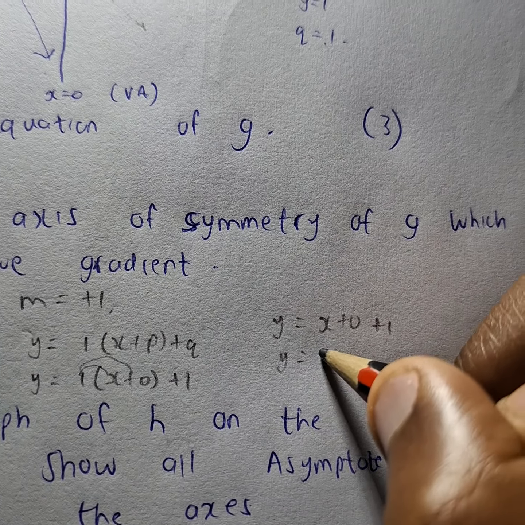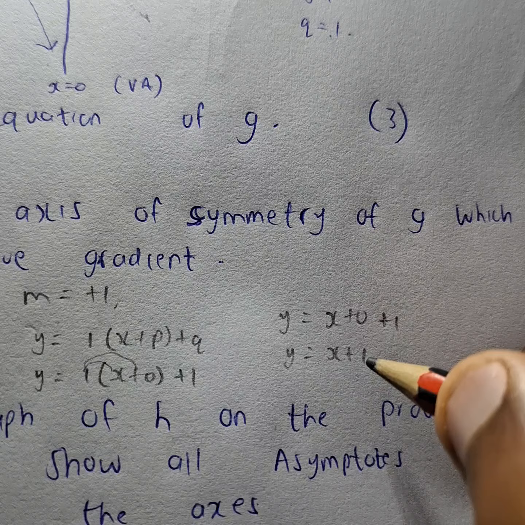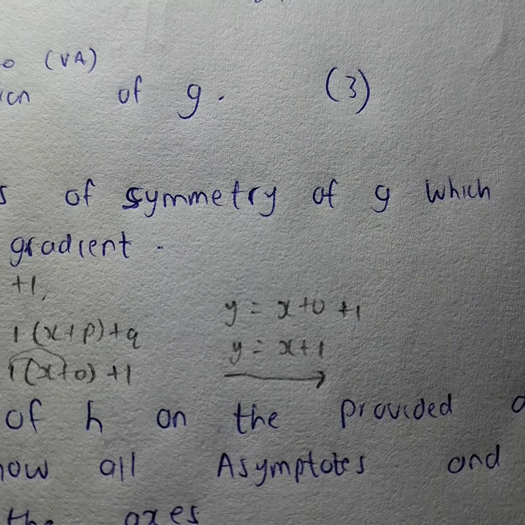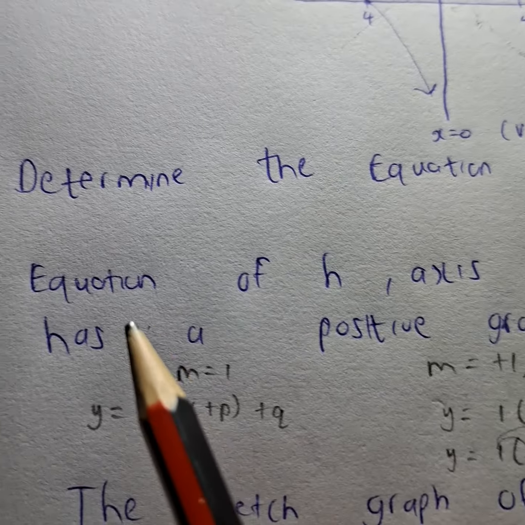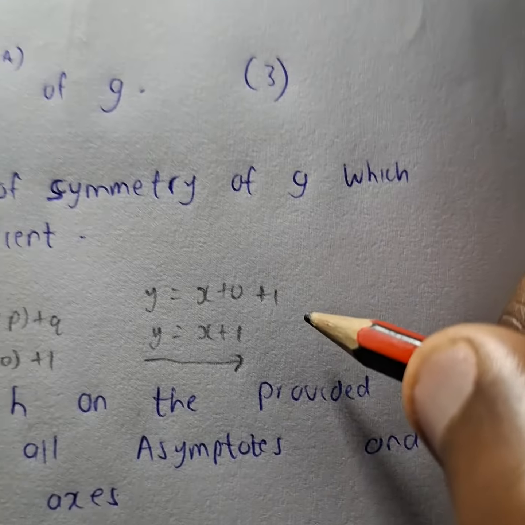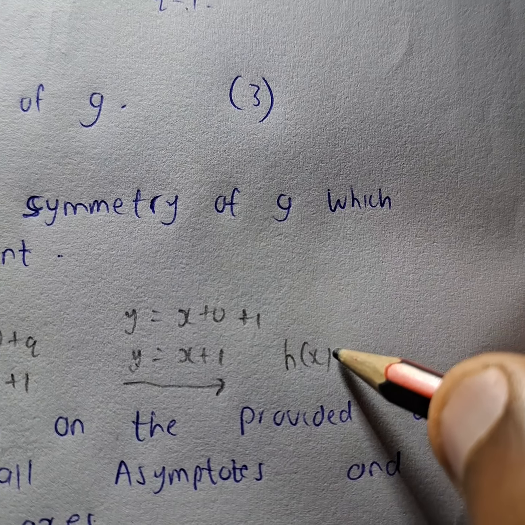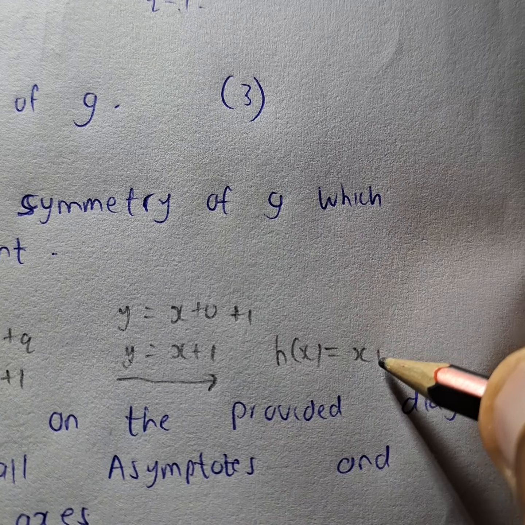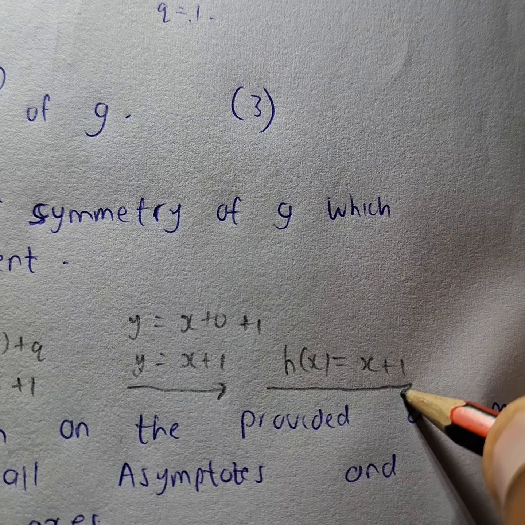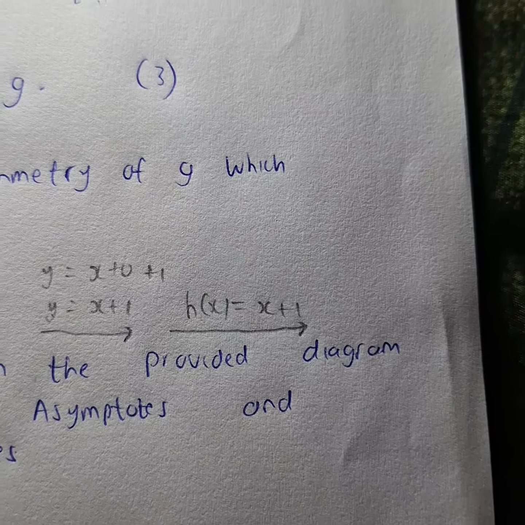And the equation is y is equal to x, 0 plus 1 is 1. So this is the equation of the axis of symmetry. Remember they said the equation of h, so therefore we have to say y is equal to h of x, x plus 1. And there it is, done and dusted.